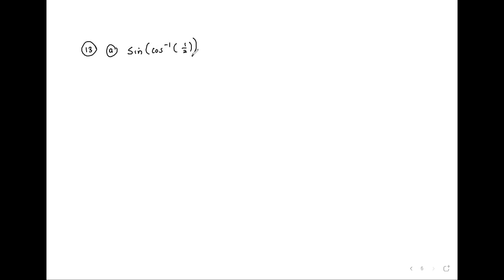Like part A, the angle here is cos inverse of half. When I find that angle, I must take it in sine and get the value. So if we let x be equal to cos inverse of half, then this question has become sine x. When we know our x, we'll put it there and find the value of sine x.